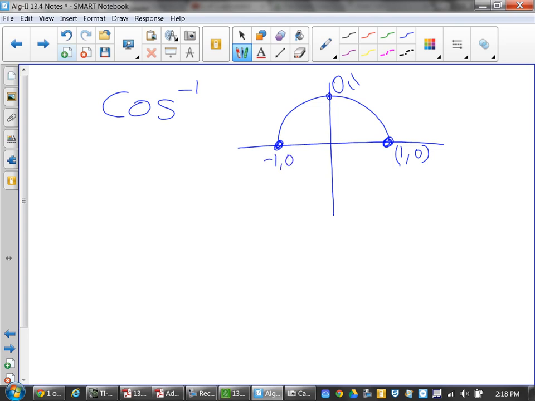We okay with that? If I look at it two-dimensional graph-wise, if I went completely around the circle, the cosine at 0 is 1. The cosine at pi over 2 is 0. Cosine at pi was -1, and it comes back up.